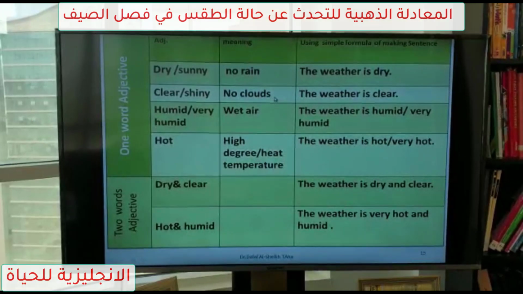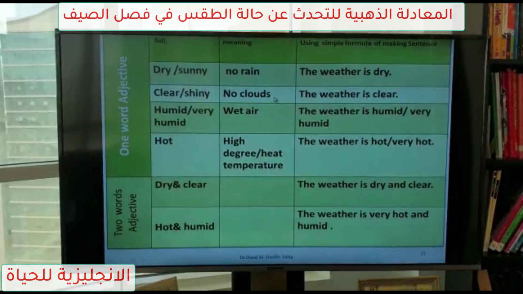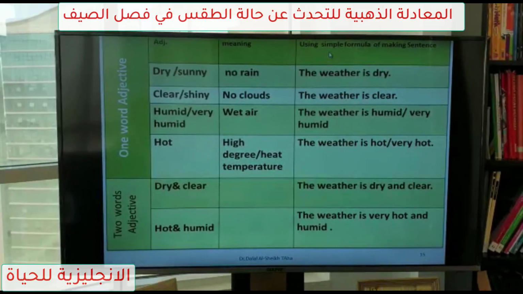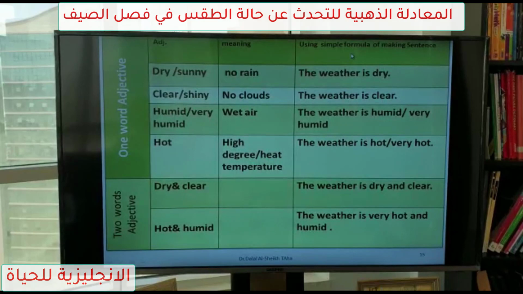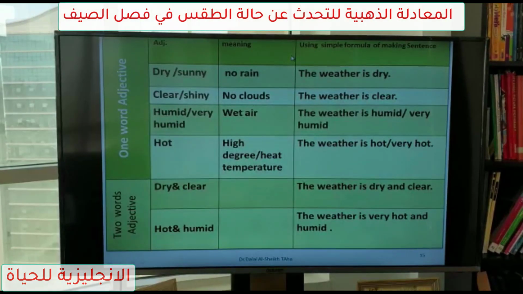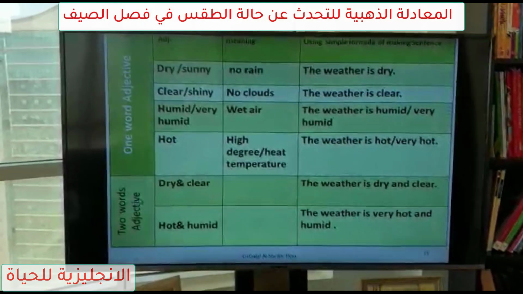Come on to this table, where I will provide you with adjectives and their meaning, and then you will use the simple formula that you trained on in the previous video. So in this table, you will go across adjectives of one word and adjectives of two words.